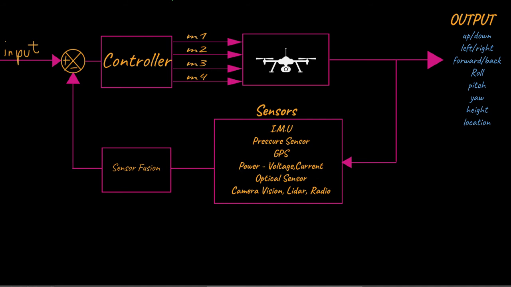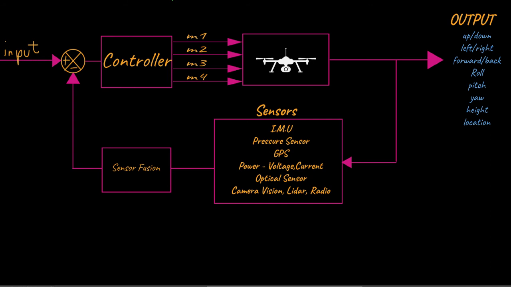So at a high level, the controller is taking your input signal and translating it into how I need to control the speed of the motor. And it then gives directions to how it wants the speed of the motor to rotate, so that the quadcopter can move in the direction that the user wants.